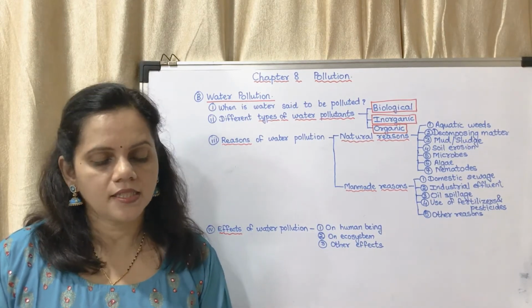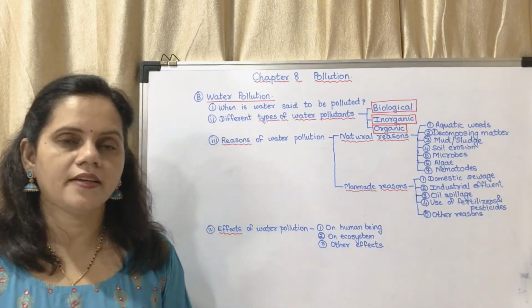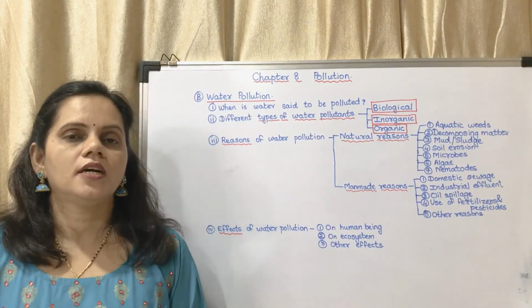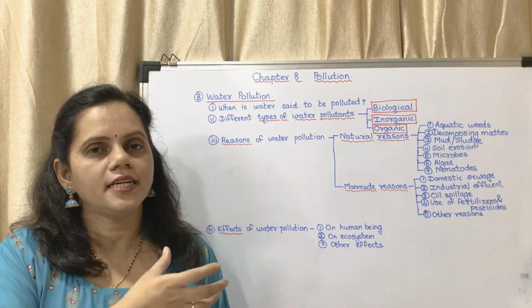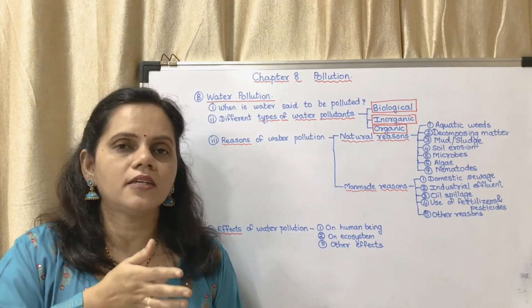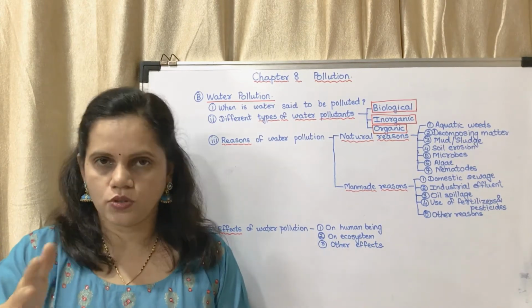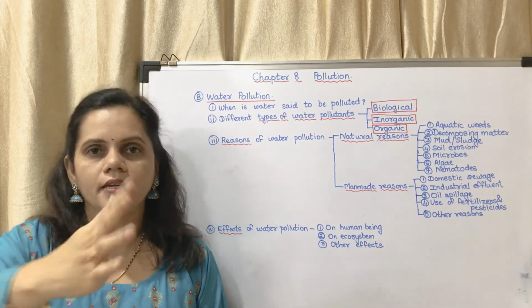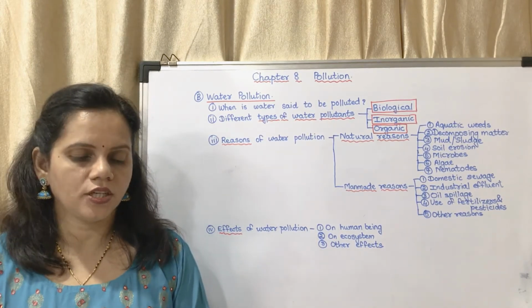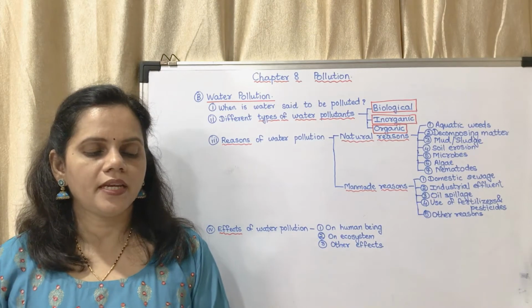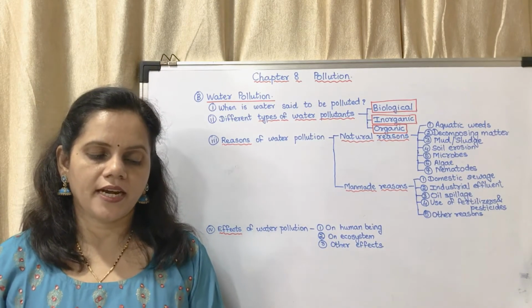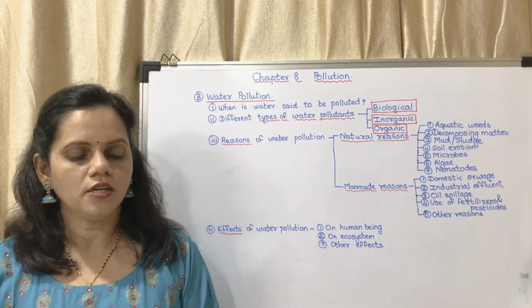Mud or sludge, river current and its diversion: if the mud gets collected in a particular region, then that river could change its course or its direction. Soil erosion: many biotic and abiotic factors are added to water due to soil erosion.